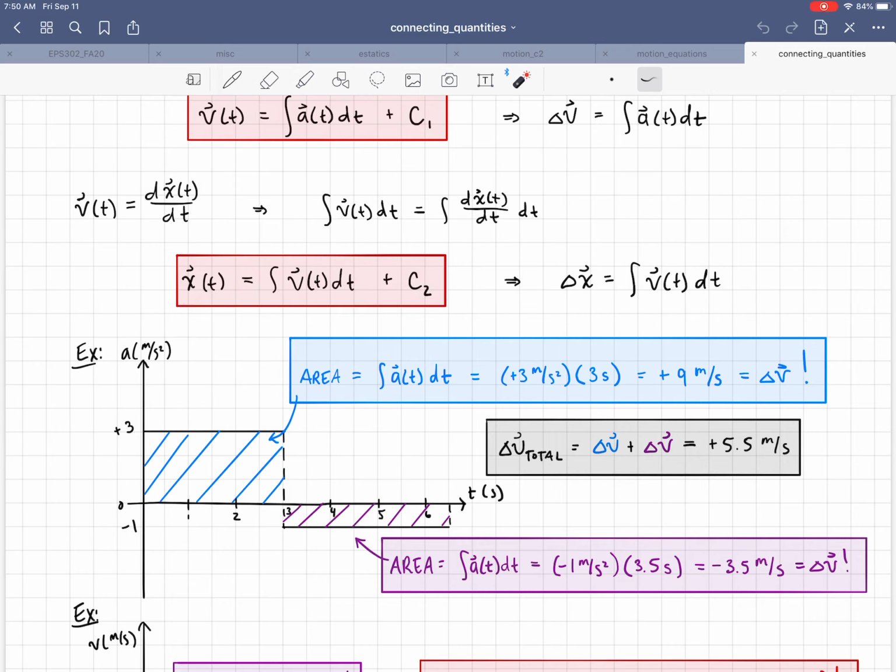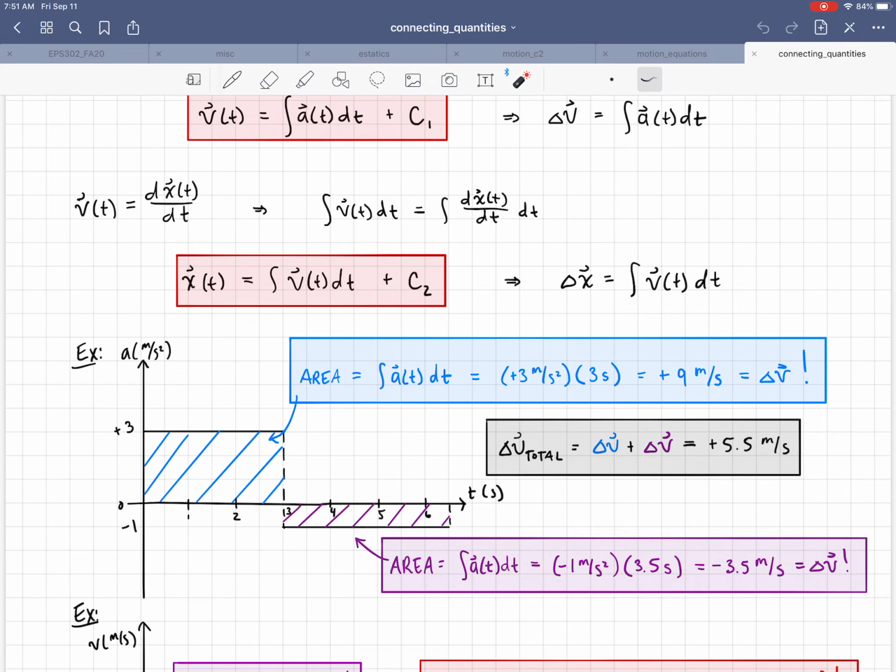Now, after those 3 seconds, the acceleration changes. So now, what happens during these 4 seconds? Well, again, calculate the area. So this is just a rectangle, height minus 1 meter per second squared, length 4 seconds, or looks like I have it written as 3.5 seconds.